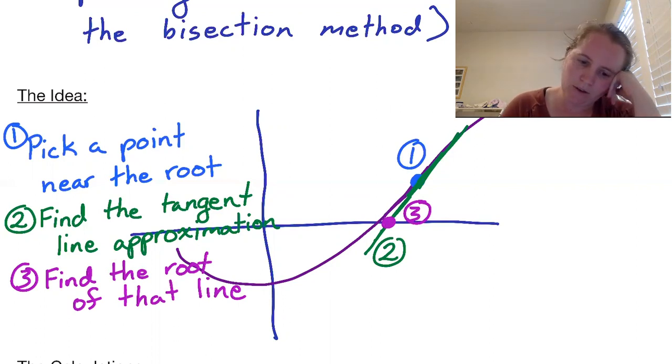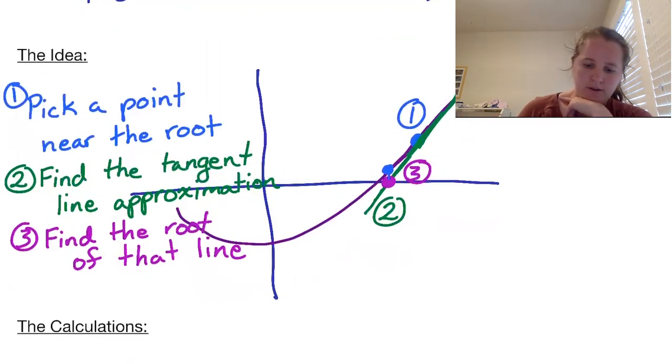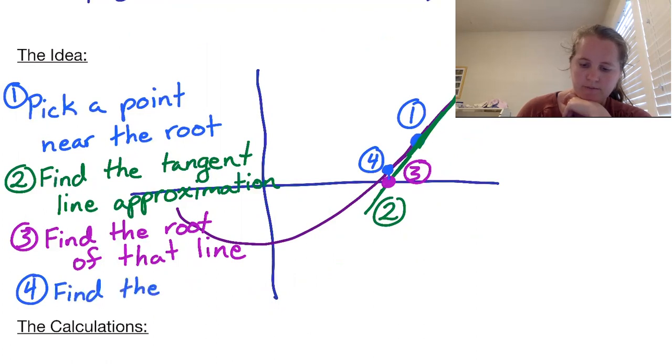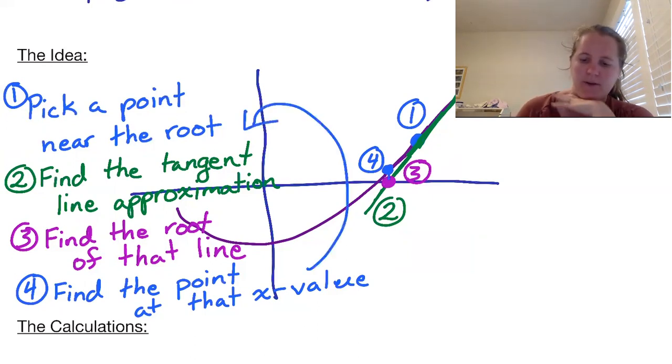We then pick the point corresponding to that x value and do the tangent line approximation, find where that hits the x-axis, and go through it again. We find the point at that x value, then do the tangent line approximation and keep going. We just keep looping back around.